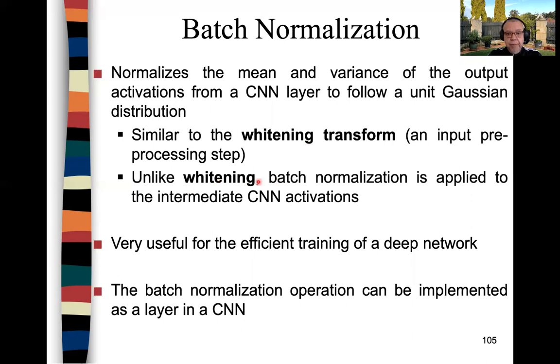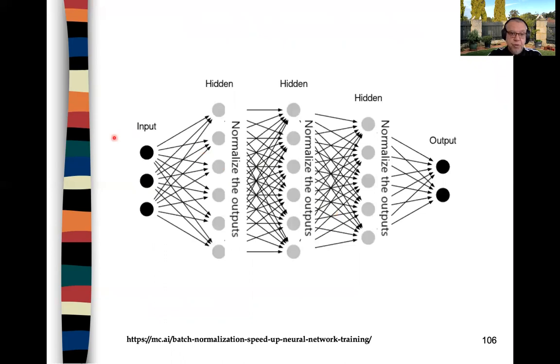So unlike whitening, in the case of batch normalization, you apply it to the intermediate activations. So instead of just taking your input and normalizing your input, in batch normalization, for each layer, you normalize the net activation, or you normalize the result of the activation, meaning after you apply your activation function.